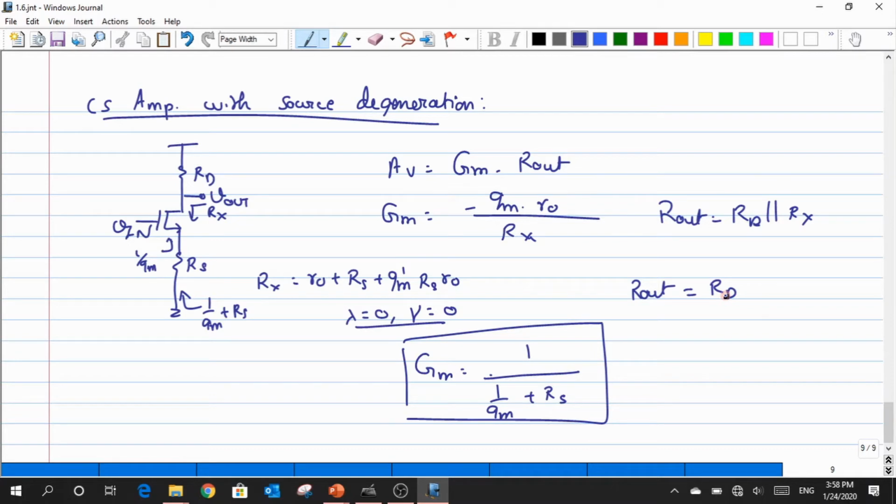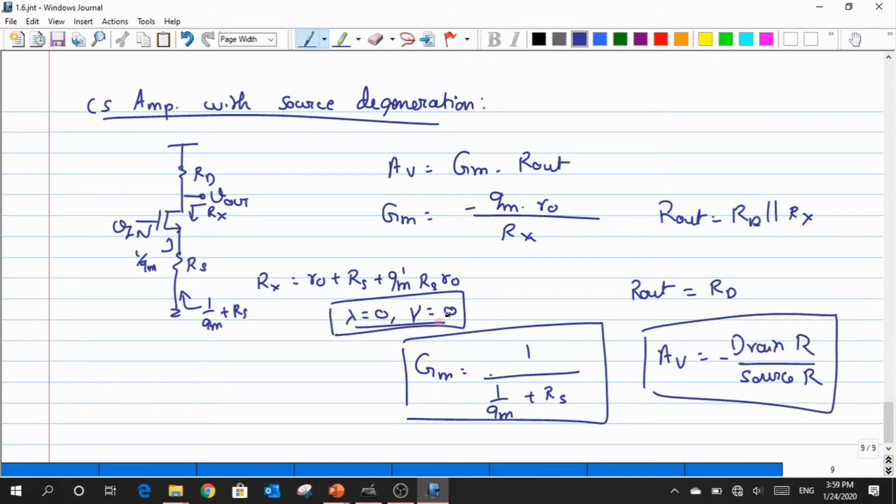Okay, and finally, what we said is that one could write the gain equation under this condition, that it is a product of drain resistance divided by the source resistance with a negative sign whenever we are dealing with inverting amplifier like CS amplifier. Okay, now this particular form could be used only when I have this kind of conditions.